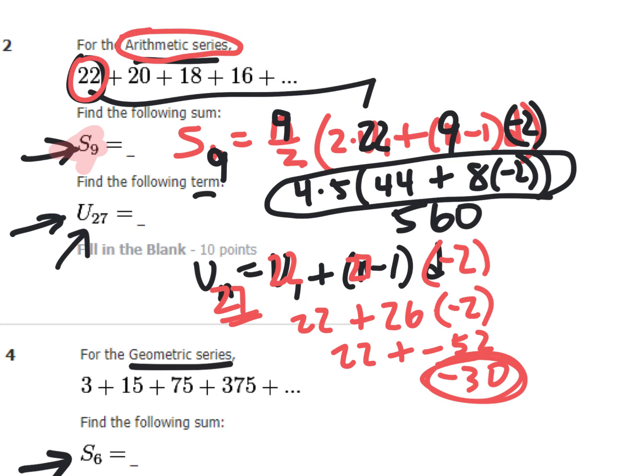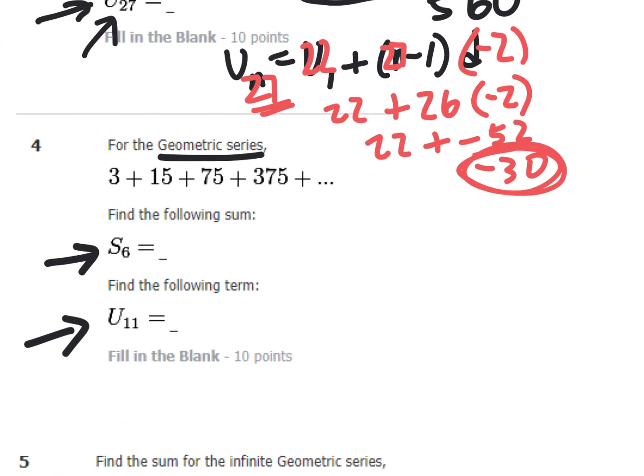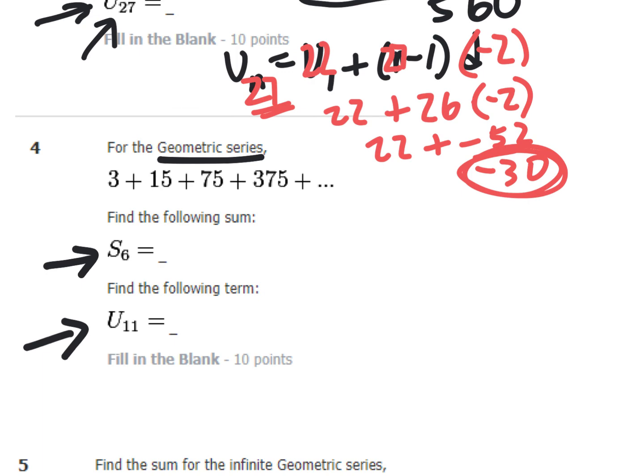So let's get to the geometric series here. So for the S sub 6 on a geometric, how do we know it's geometric? That divided by that is 5. So when you go 3 times 5, you get 15. Times 5, you get 75. So this one's a times 5. All right, why is that important? Because that's your r.